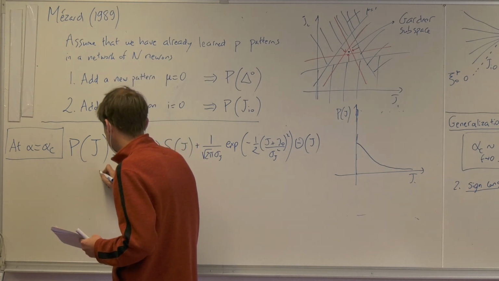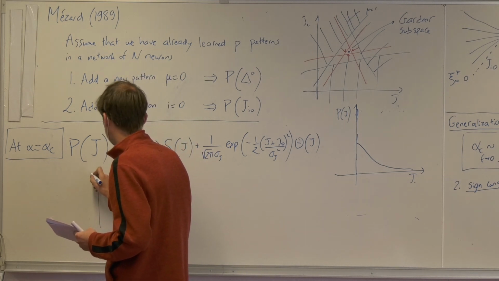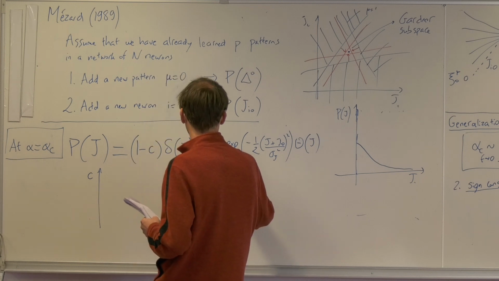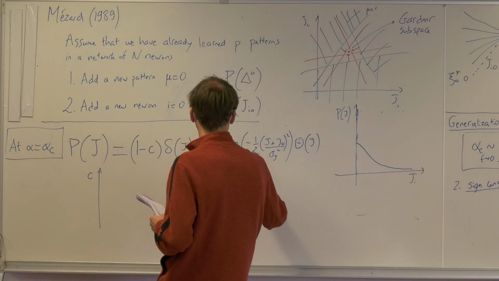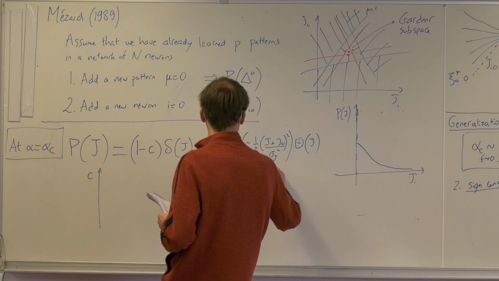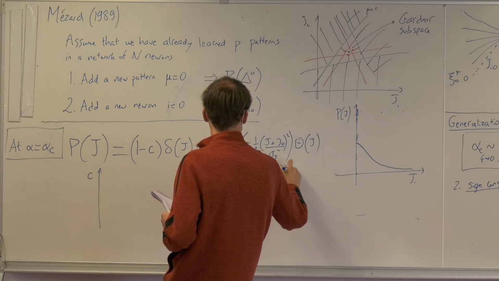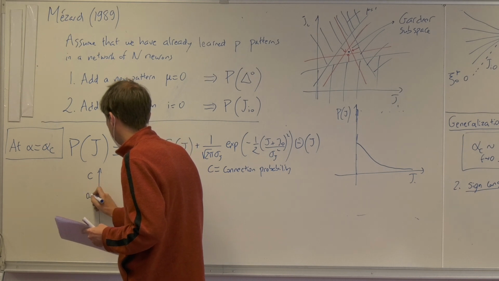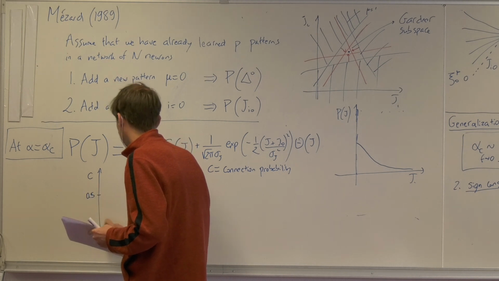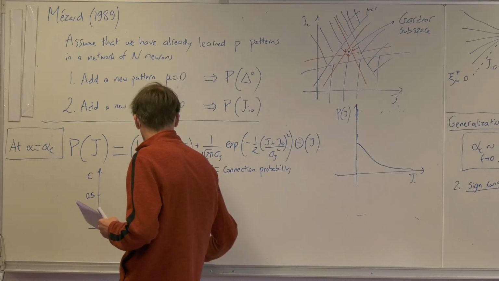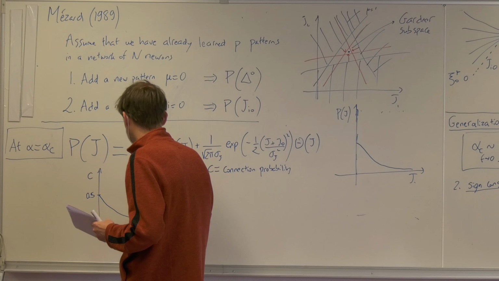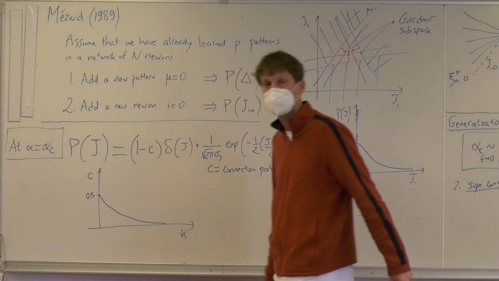So if you're plotting this C, where C here is the connection probability, C is equal to 0.5 at k equals 0, but then it decreases monotonically with k.